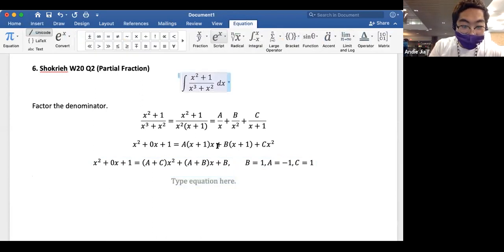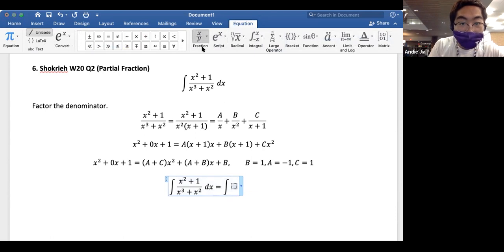This is the messy integral. It is going to be 1 over x, since this is going to be -1, so minus 1 over x squared.